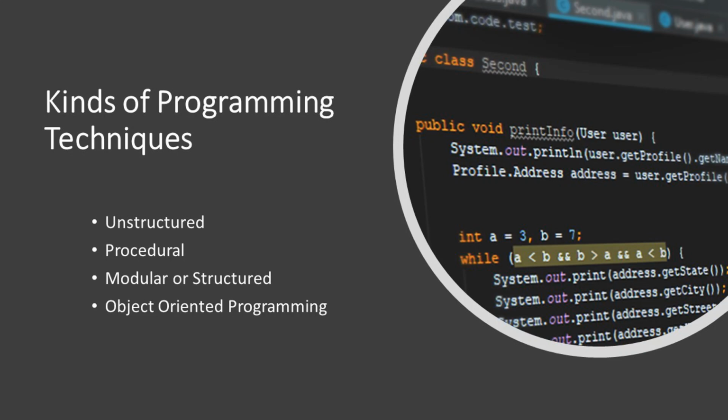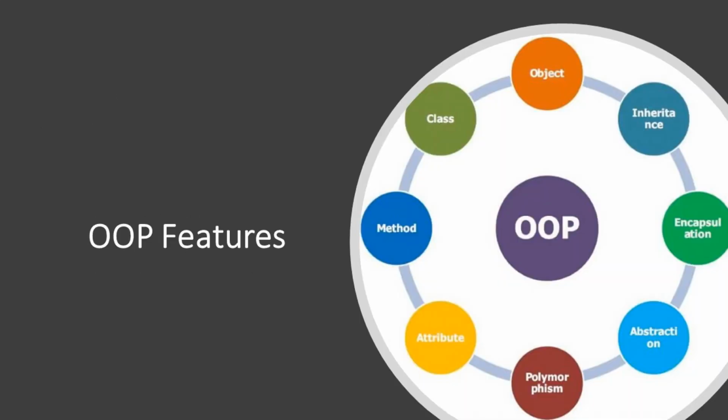However, C++ was the most popular and powerful truly object-oriented language that was introduced. OOP has several features such as class, attributes, methods, objects, inheritance, encapsulation, abstraction, polymorphism, and many other things. These are the fundamentals and we will discuss these topics extensively.